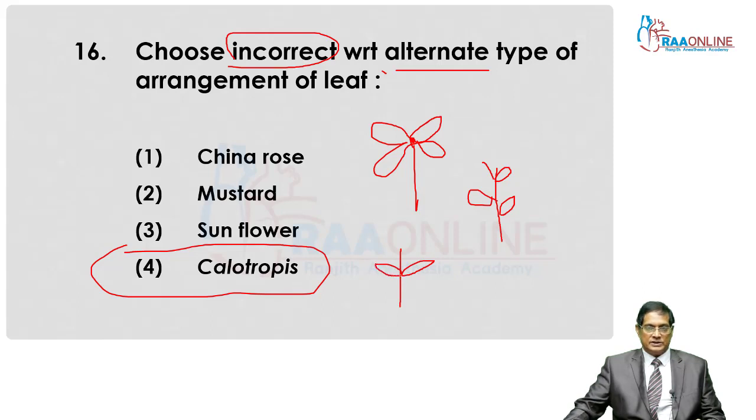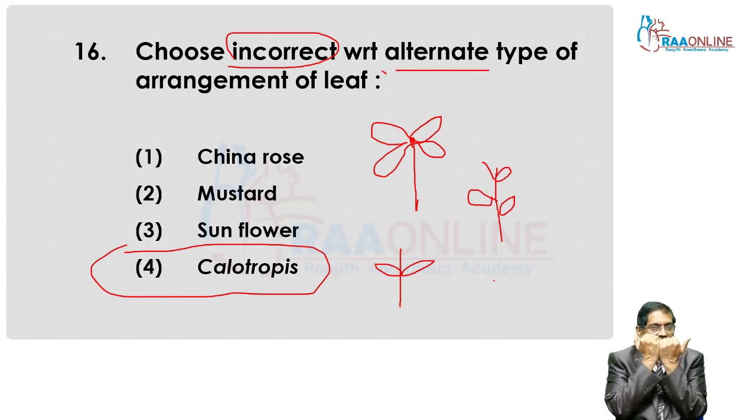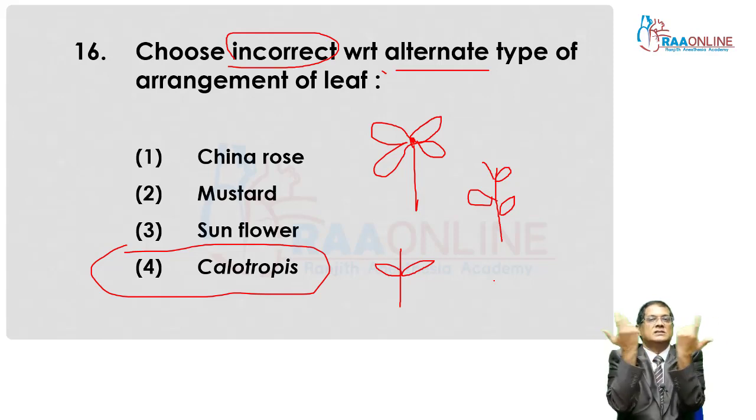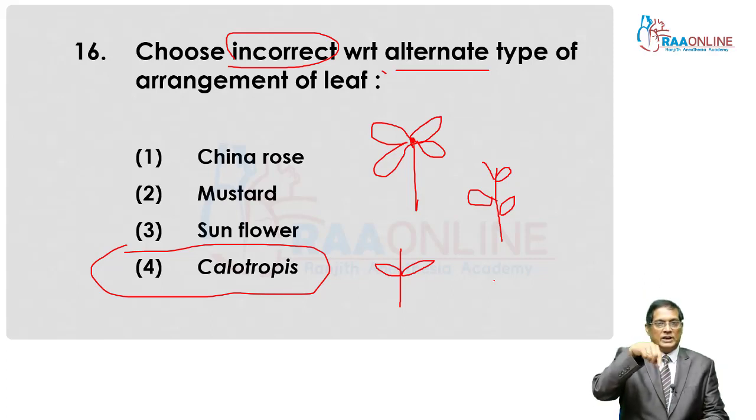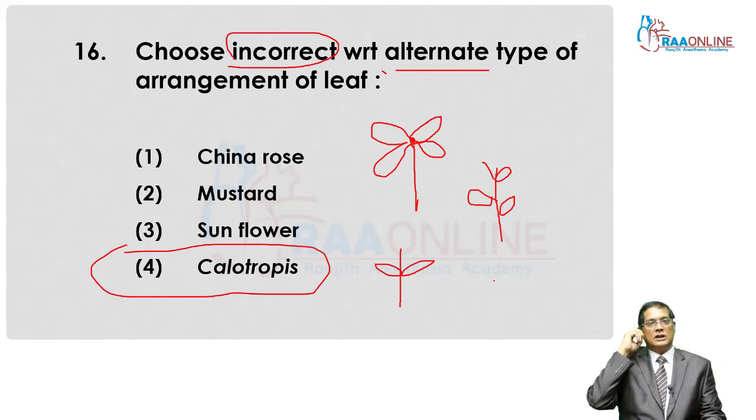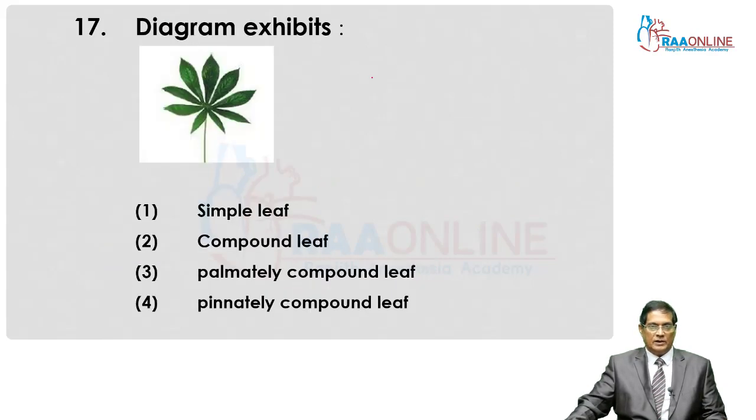In the opposite case, at one node two leaves are there. They are opposite to each other, hence called opposite. If one per node, then alternate phyllotaxy. If more than two, then it is called whorl phyllotaxy.